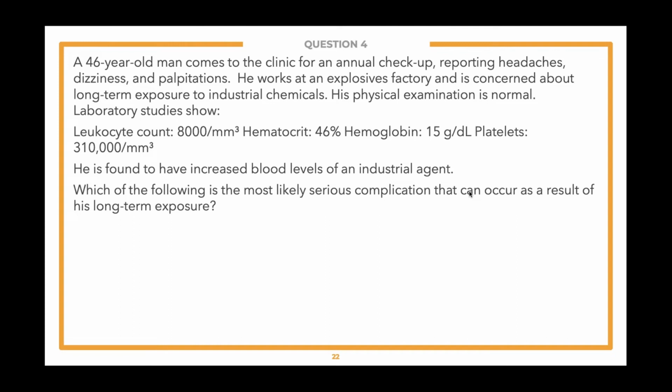His physical examination is normal. Laboratory studies show leukocyte count of 8,000, hematocrit 46%, hemoglobin 15, and platelets 310,000. He is found to have increased blood levels of an industrial agent. Which of the following is the most likely serious complication that can occur as a result of his long-term exposure?